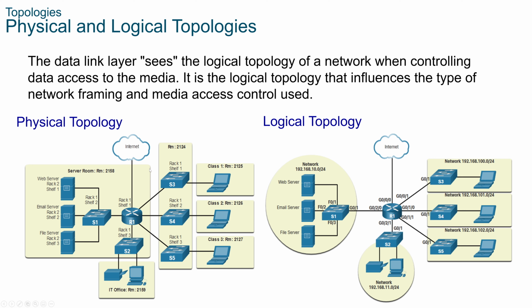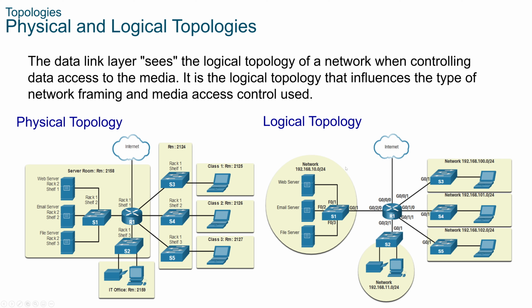So physically, we're going to separate this into that room, as opposed to in here. In logical topology, the switch and these end device servers, in this case web server, email server, and file server, are logically separated from switch 2, because switch 1 is connected to switch 2 via a router, and that router is responsible for logically separating the switch 1 devices from switch 2 devices.